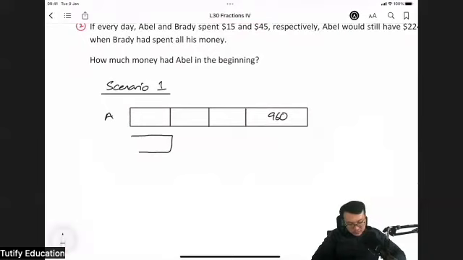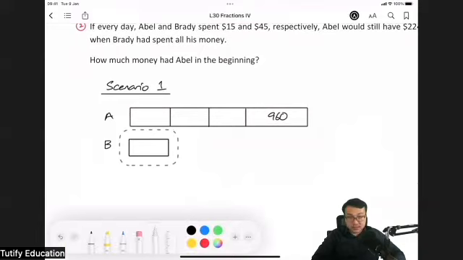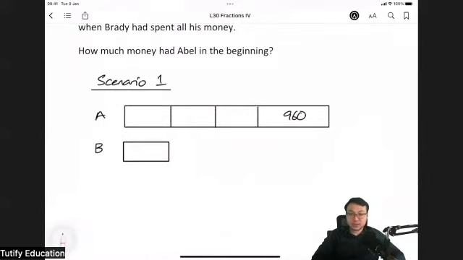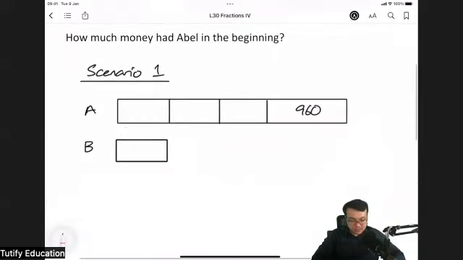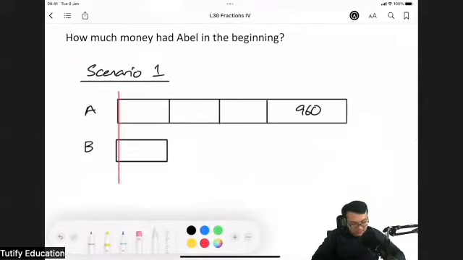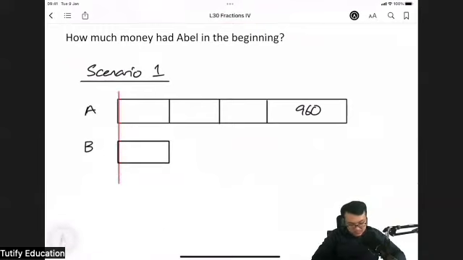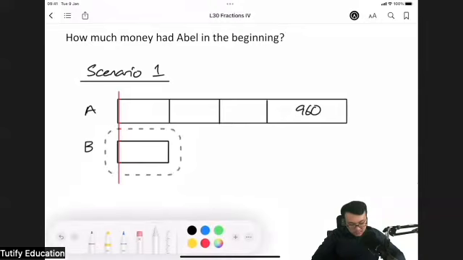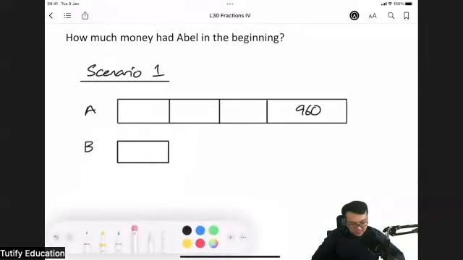So now I can draw Brady, because Brady is going to be 1 unit here like that. Okay, why is that the case? So why do I draw 1 unit for Brady? Because, sorry, let me just align it properly. Okay, something like that will do.